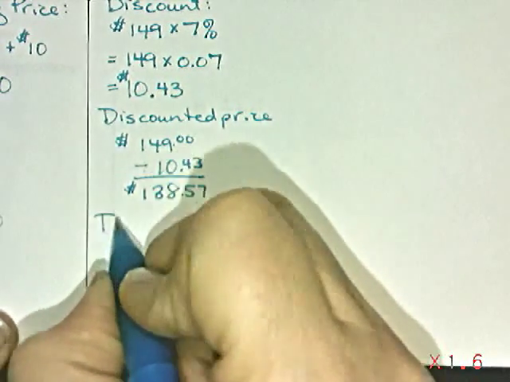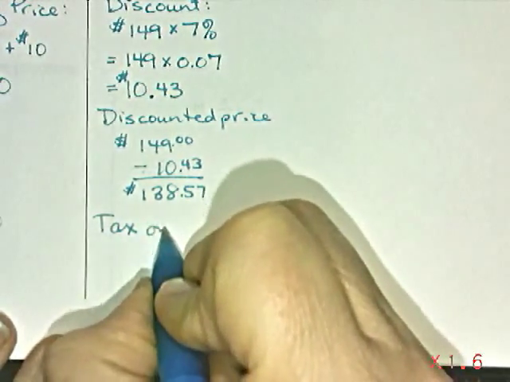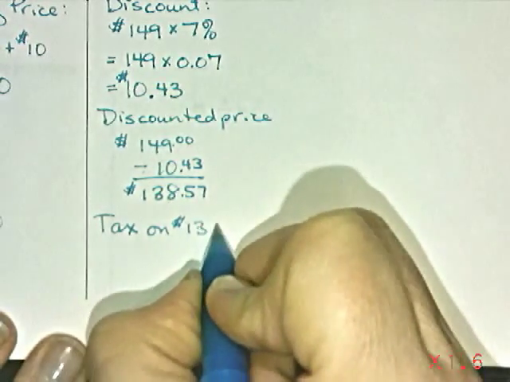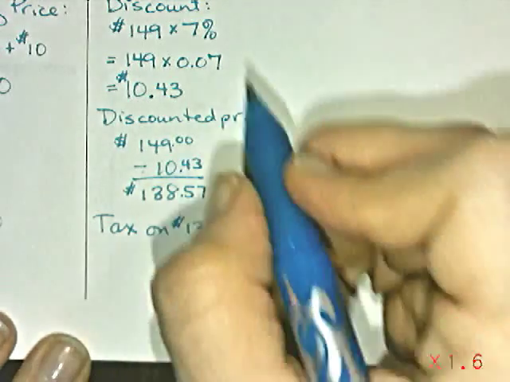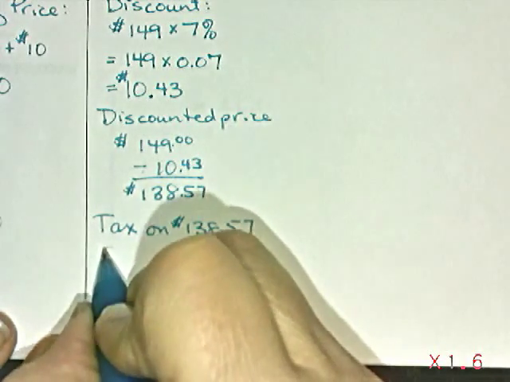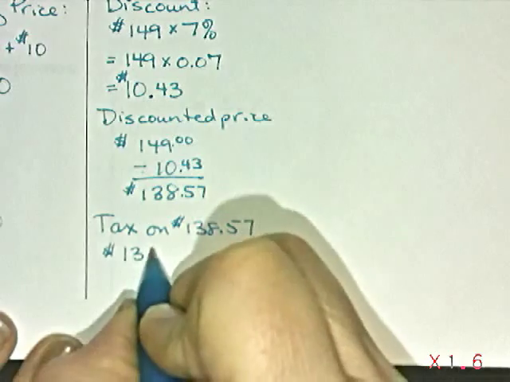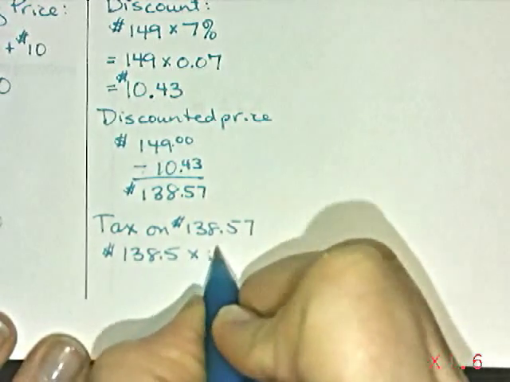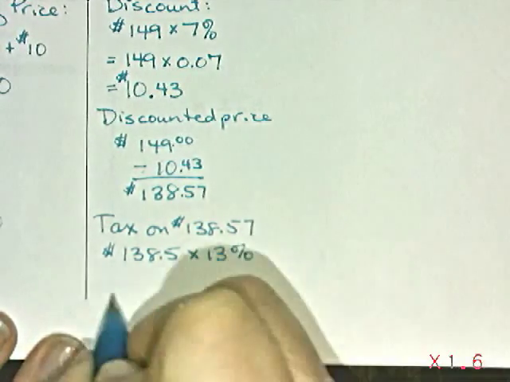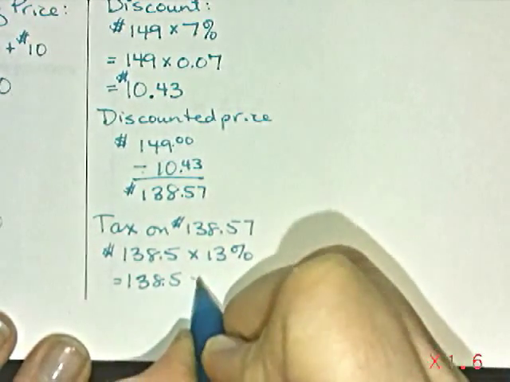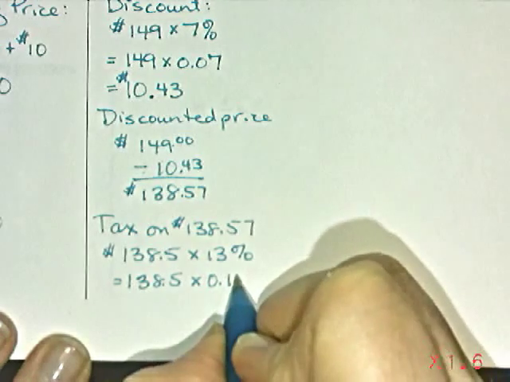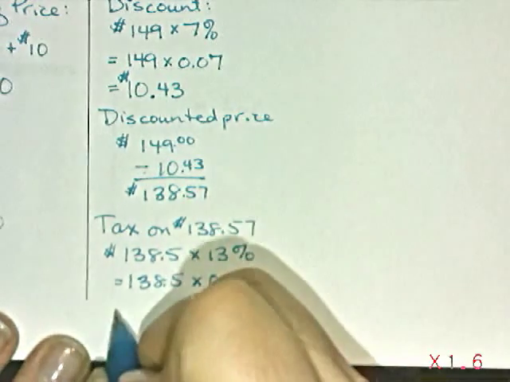If I want to know the tax on my discounted price, I would take my 13%, my $138, multiplied by my 13%, which means that I've got $138 times 0.13, or 13 over 100.